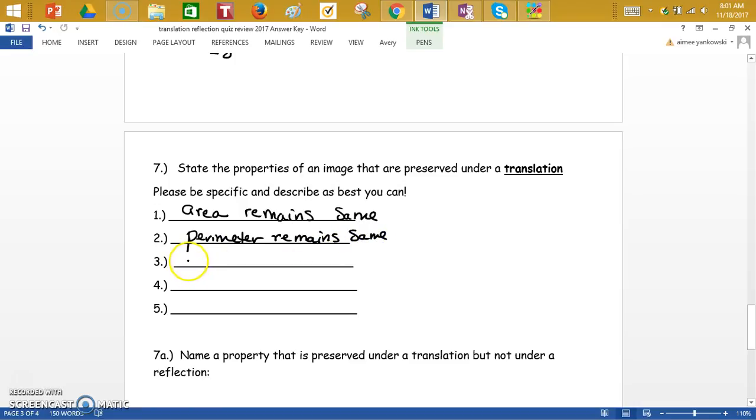We know the side lengths, or sometimes you say distance, remain the same. Okay, angle measures remain the same.